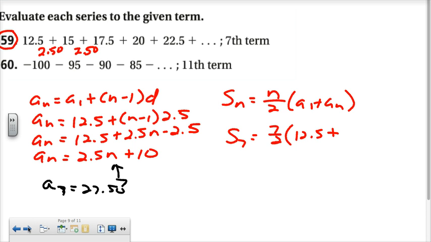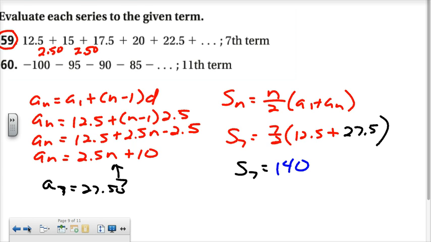All right, so $27.50 going into our formula. So now we'll just punch this in and see what we get. So we have our little $27.50 plus 12.5, and then we will take that times 7 halves, and that is 140. So the sum of those 7 terms in that arithmetic series is 140.